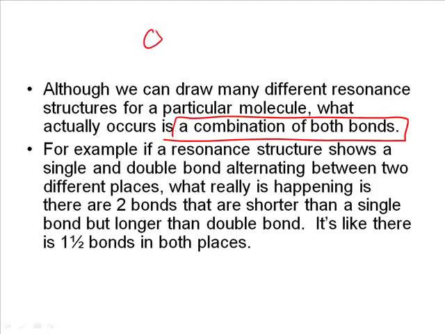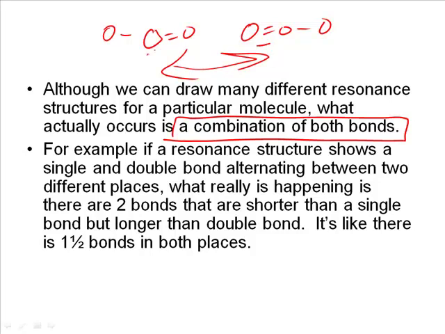Many times, for example, if we go back with ozone, a common misconception is that students think that it alternates, it switches back and forth between this and this. But what actually we find is that the bond length between these two oxygens and these 2 oxygens is exactly the same, which means there is no double bond and there is no single bond. It is a combination of both bonds. So it's as if there is 1.5 bonds in both places.